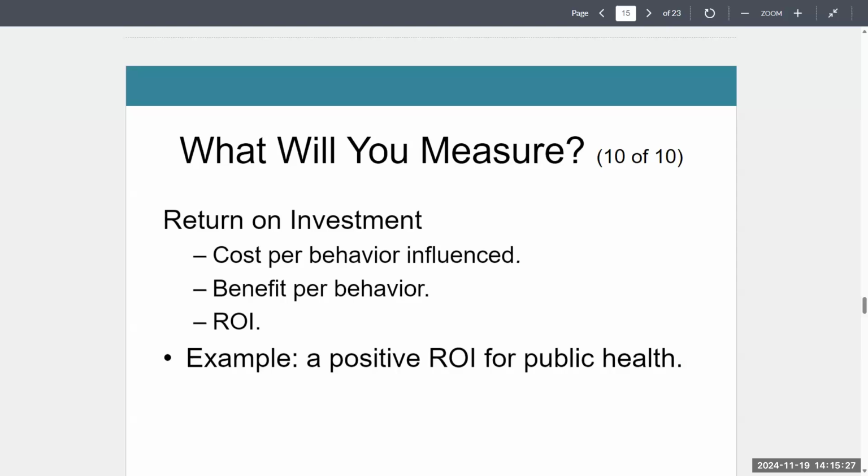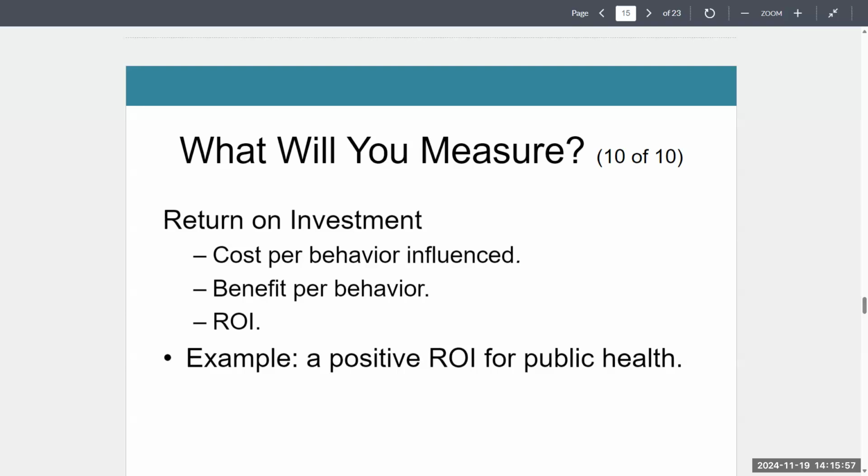And the last one we're going to take a look at today is, again, continuing on with the ROI. The cost of behavior influence, you could also measure that as an ROI metric. This metric breaks down your investment into behavioral change. For example, let's say you've spent $50,000 on a campaign to encourage recycling and influence 10,000 households to adopt a behavior.